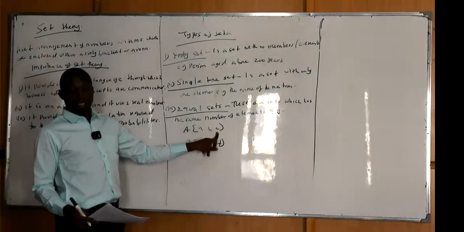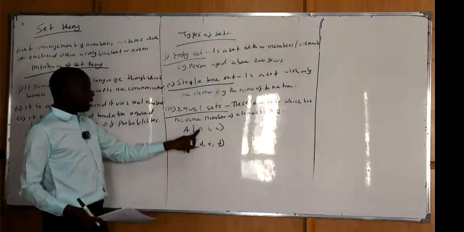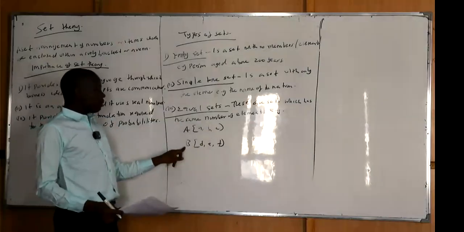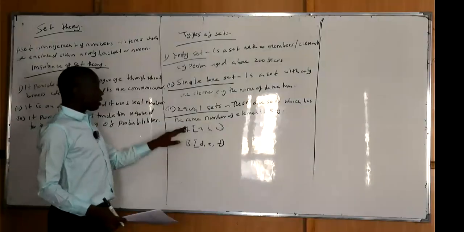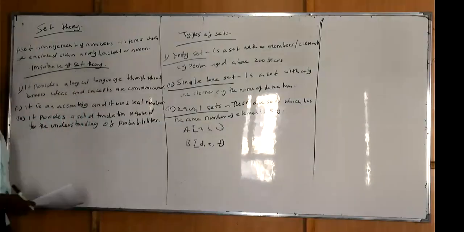Set B has 1, 2, 3. So these sets we shall say they are equal.